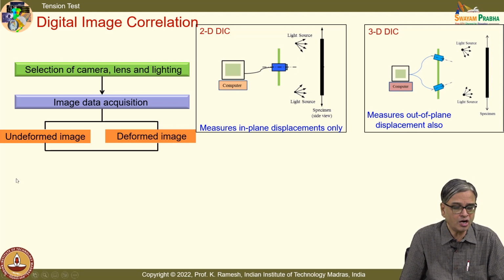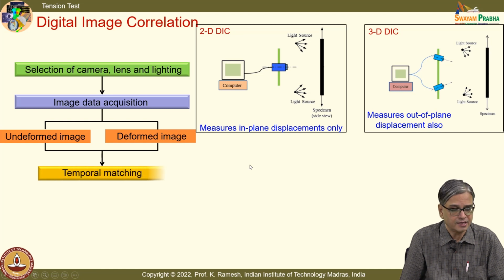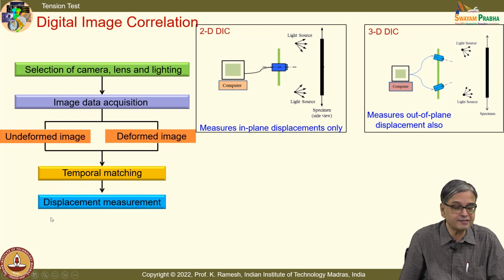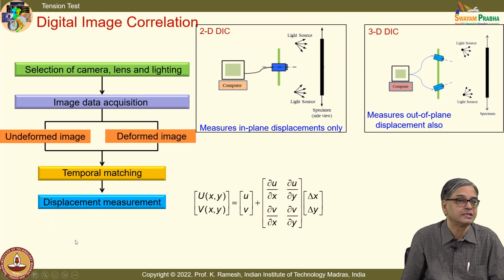I would also like you to draw this flow chart that gives you a summary of what are the important components. Then I do temporal matching. Temporal means time dependent matching. So, I look at an undeformed image and a deformed image, and primarily I get displacement information. Fine.